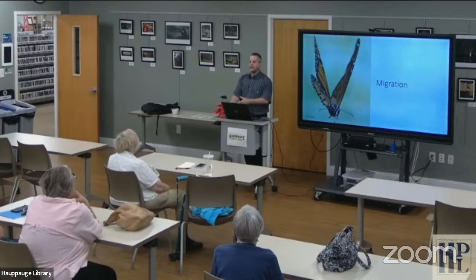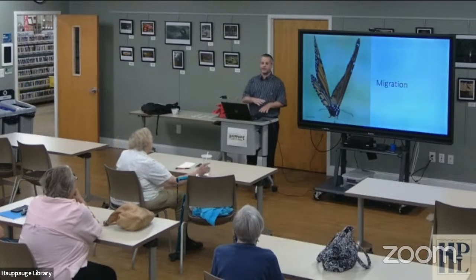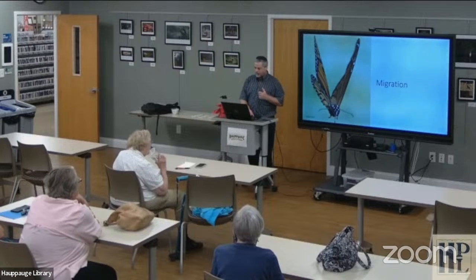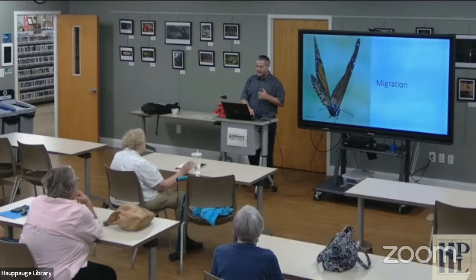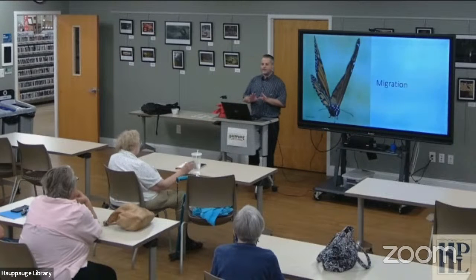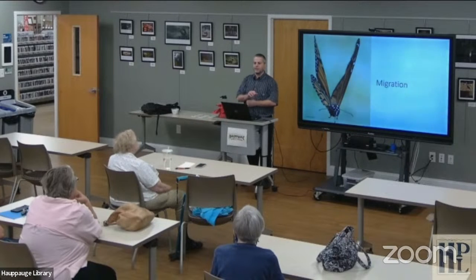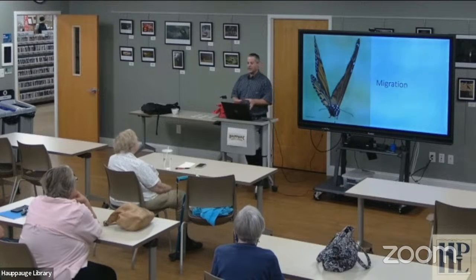So they are taking cues from the environment to stop breeding and start migrating. And we don't actually know very well exactly which of those cues are most important. Another one of those mysteries.